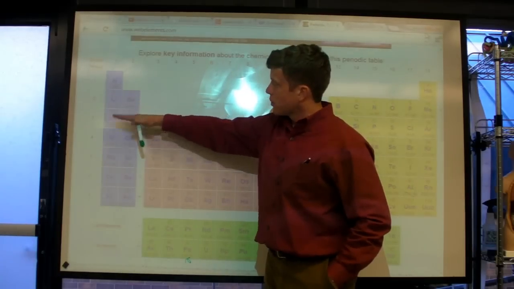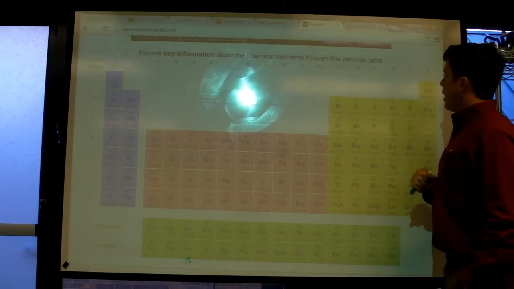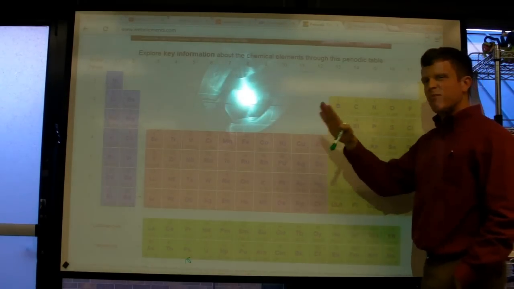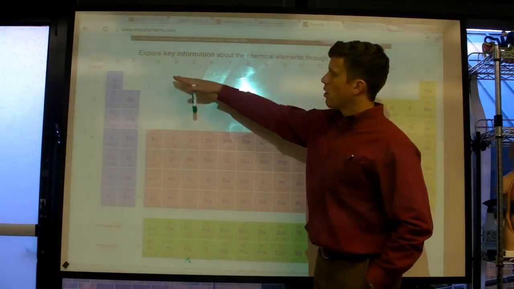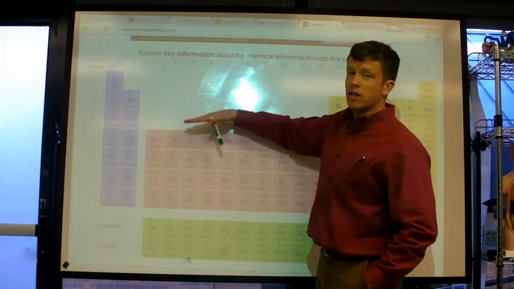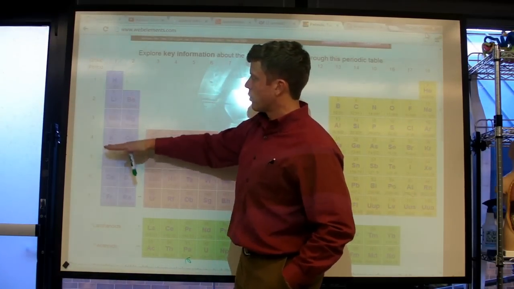Then 3 energy levels, 4, 5, 6, 7. Really nice that it's laid out that way. The way that it's laid out comes as a coincidence, but we know that the period tells you the number of energy levels. First row has 1, then 2, then 3, then 4, then 5, and 6.